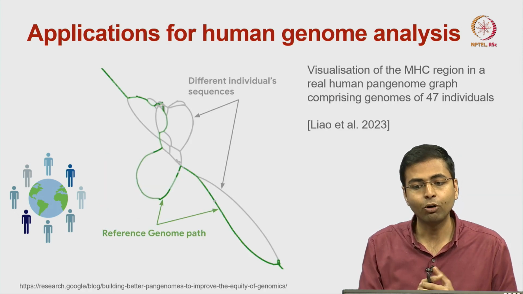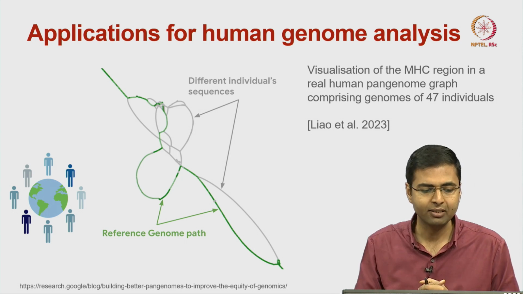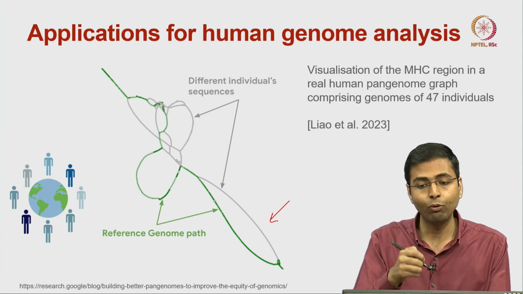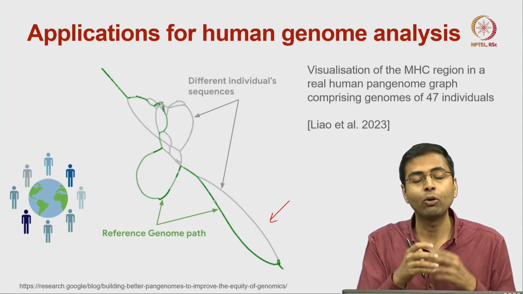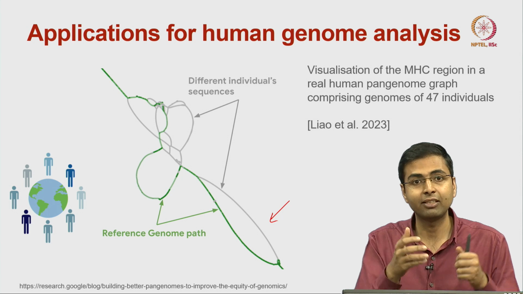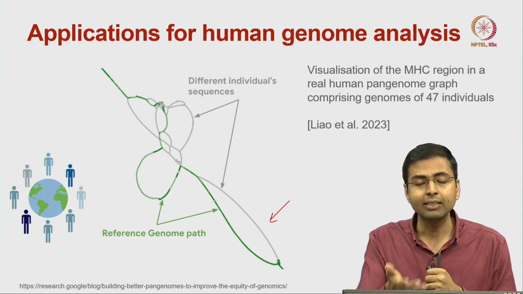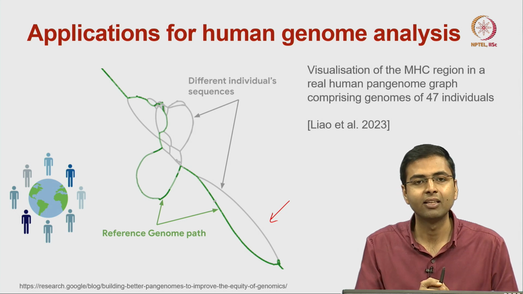Also, if you want to see a real pangenome graph, so far we were looking at toy examples, but this is how a real pangenome graph looks like in the MHC region. The region that we were looking at in the previous examples, which was highly polymorphic between different individuals, this is how the graph of that region looks like in practice.